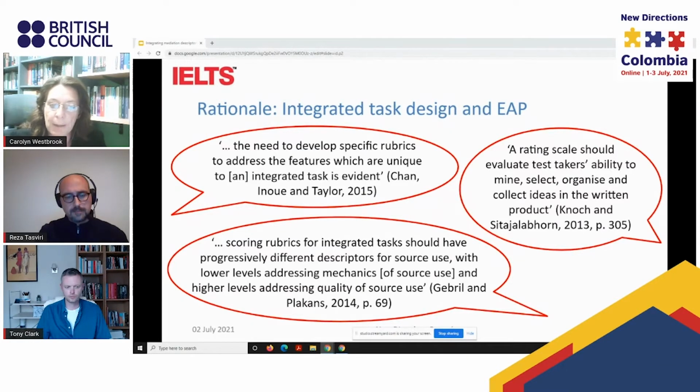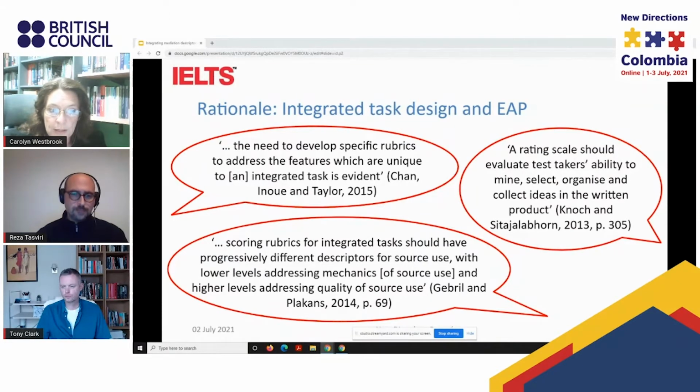So that isn't a typo, it says that, but what they mean is they should notice or highlight the different levels of difficulty as they go up through the levels. Starting at the lower levels, which would address the mechanics of source use, and moving on to the higher levels where we would be addressing the quality of source use.